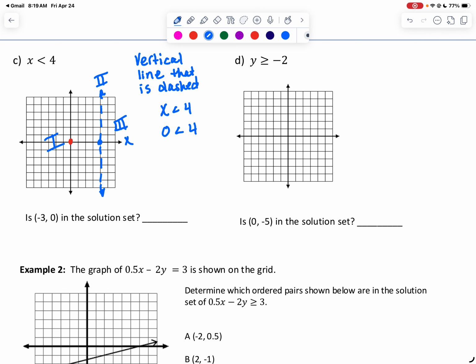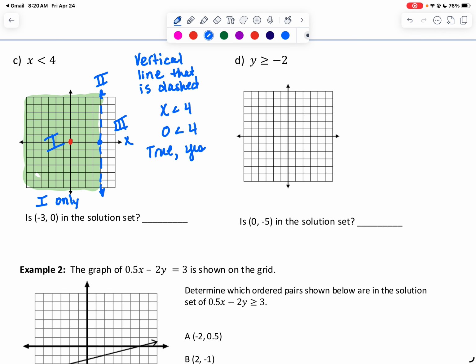Is 0 less than 4? Well, that's true. So yes, 0, 0 is a solution, which means I must shade the region, in this case region 1, where 0, 0 resides. So in this particular problem, the solution set is region 1 only.